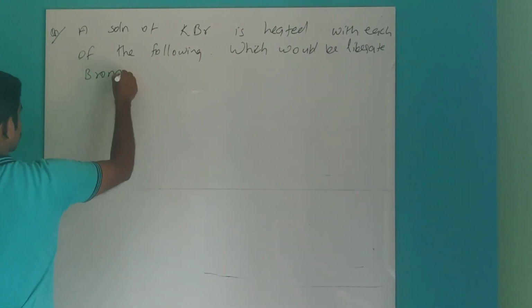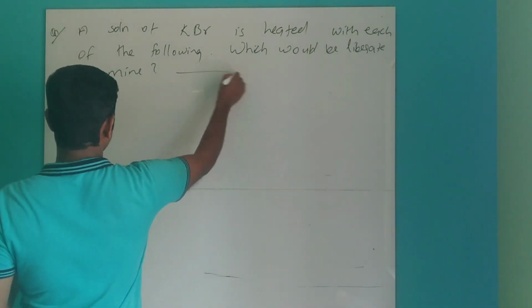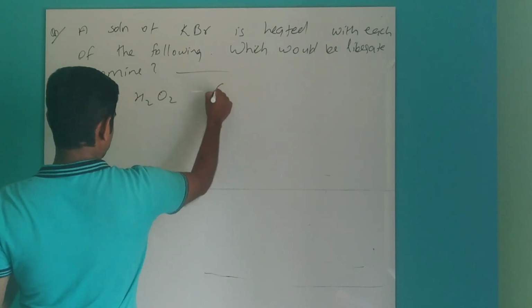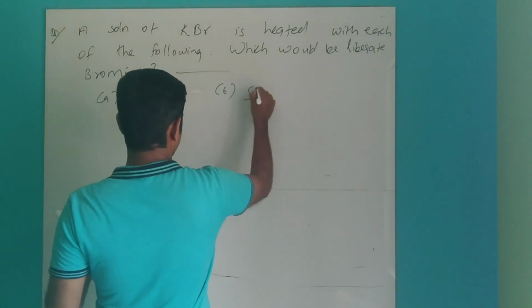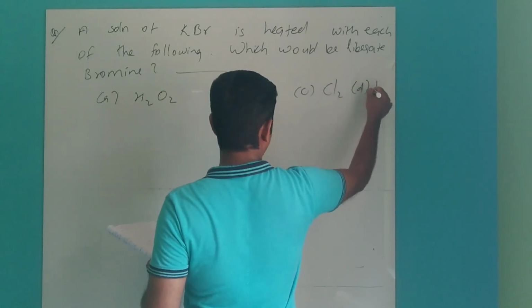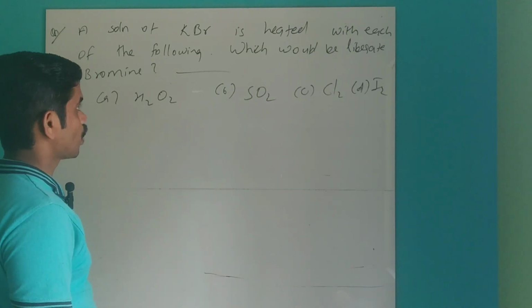The options are: A, H2O2; B, SO2; C, Cl2; and D, I2. It should liberate bromine.